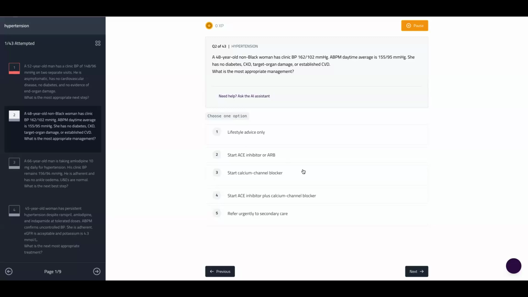A white woman. Blood pressure 160 over 100 at the clinic. We send her home with an ambulatory device. The average from 8 o'clock to 10 o'clock, checking 14 readings minimum, is 155 over 95. No diabetes, no CKD, no target organ damage, no established cardiovascular risk.